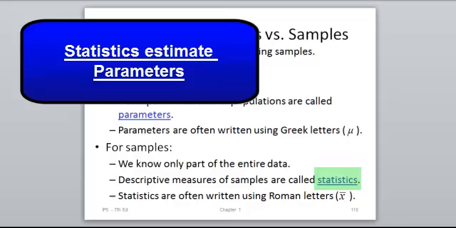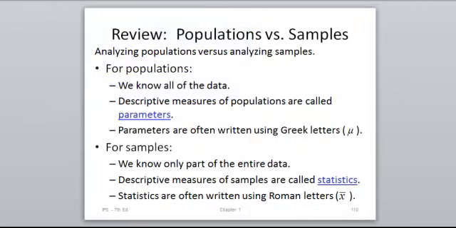Statistics estimate parameters. So from our samples, we can only estimate what the parameters are. And our estimate, our statistic, is only as good as our sample. And we're going to find that the larger the sample, the better the estimate, generally speaking.